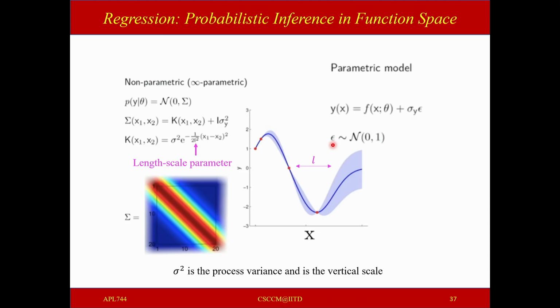In linear regression that we have studied till now, that is a parametric model, because the function is parameterized by the basis functions, and once you decide them, the number of parameters becomes fixed. Let me repeat.